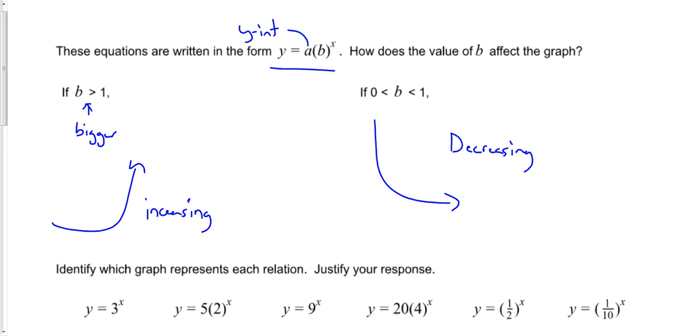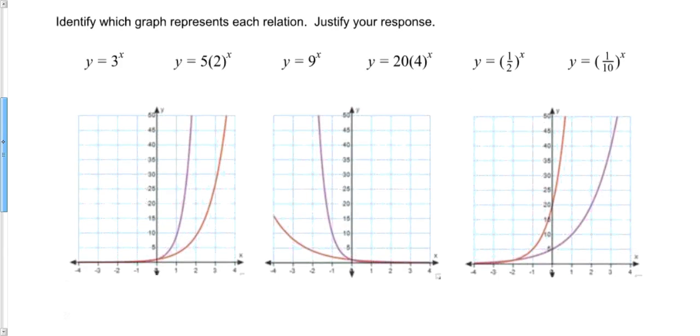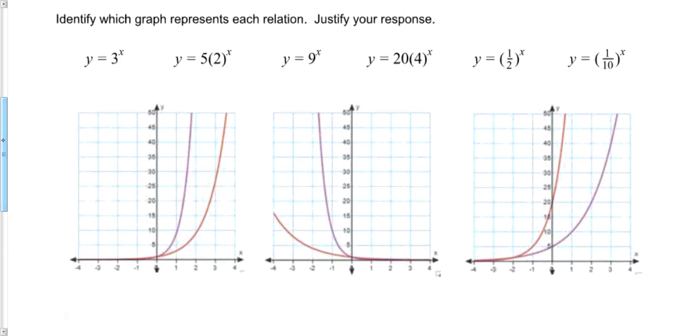The smaller the b value is, the faster the rate of decrease. So let's take a look at 6 equations and 6 graphs and try to match them up based on what we know.